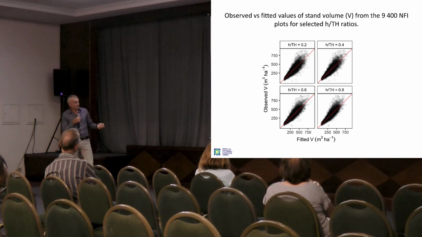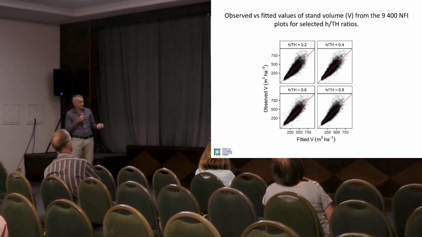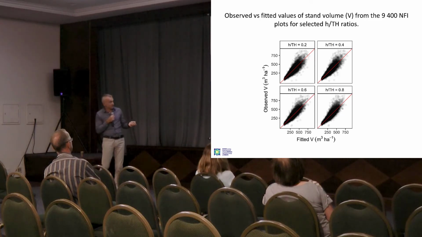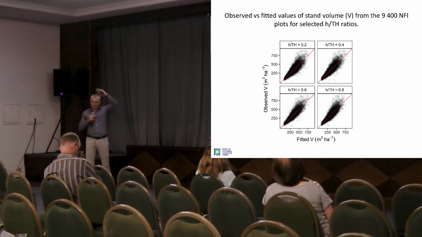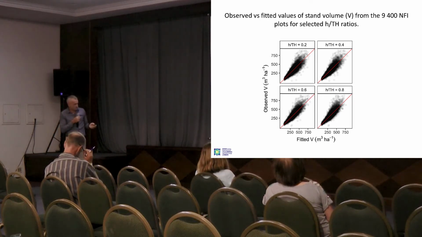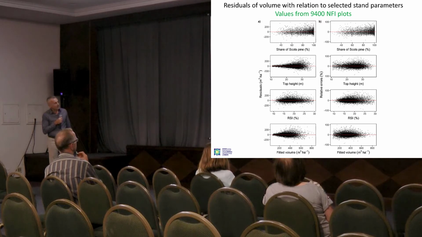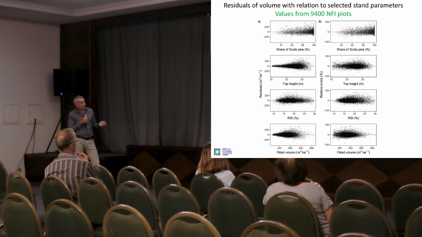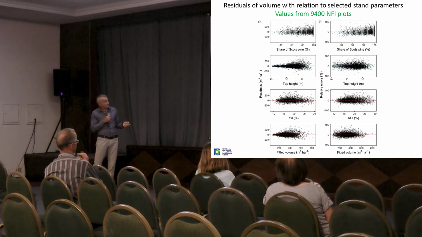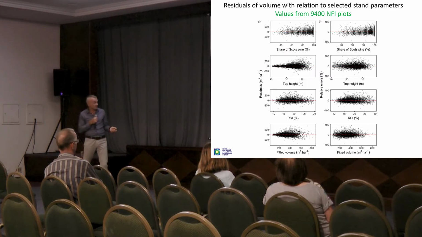This is the testing of the relationship between fitted and observed volume for National Forest Inventory plots when using different parts of trees estimated from different parts of the point cloud. As we see for NFI plots, there are no systematic errors. If we look at stand volume in relation to share of Scots pine, top height, relative spacing index, or fitted volume.